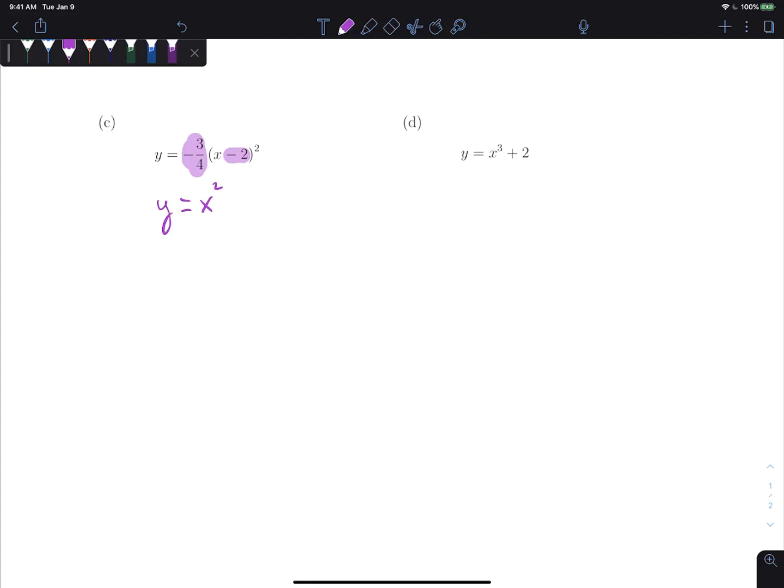You could put the x in parentheses and then square it, but there's really no reason to. So this is called a quadratic function. And the parent graph will look something like this. It's basically a U shape, if you will. It's a parabola. Alrighty.